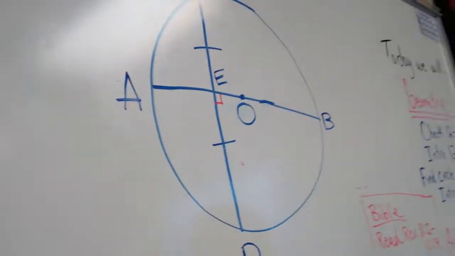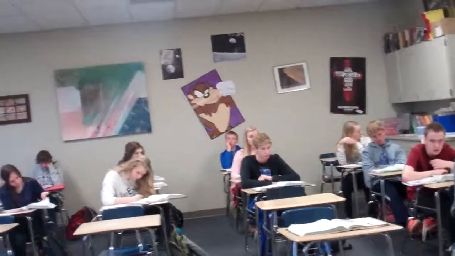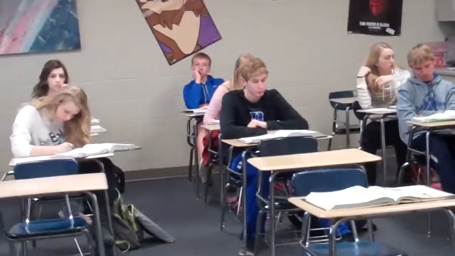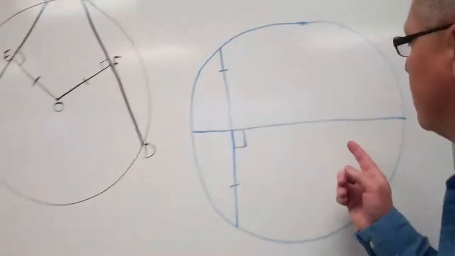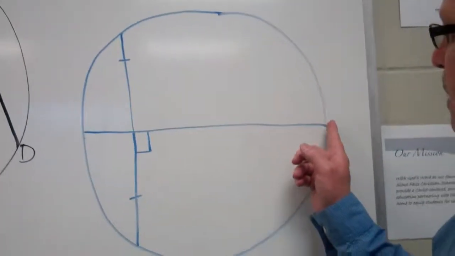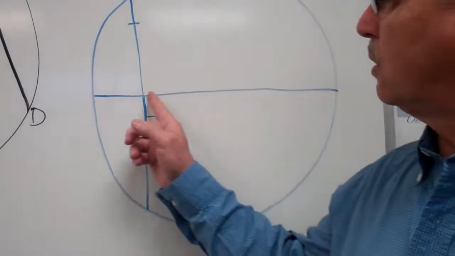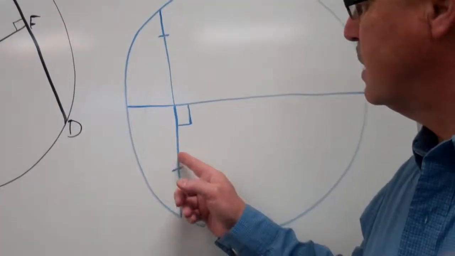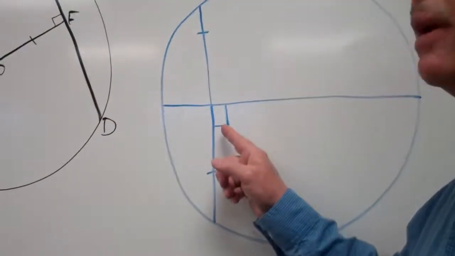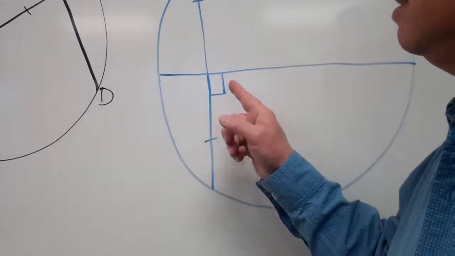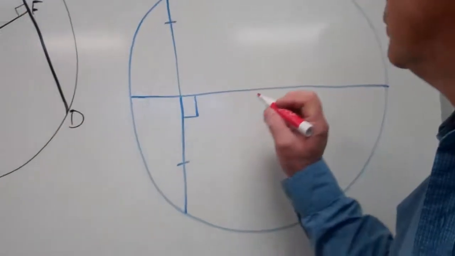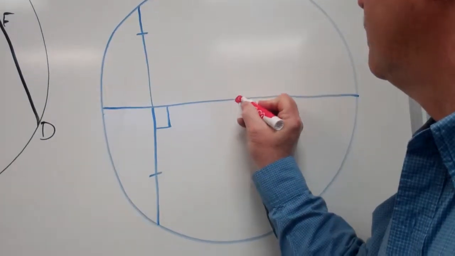I think there's one more. Could you read it, Molly? Is it 12-10? In a circle, the perpendicular bisector of a chord contains the center of the circle. What she's saying is that if you have one chord bisecting another chord perpendicularly, then it goes through the middle and makes it a diameter.